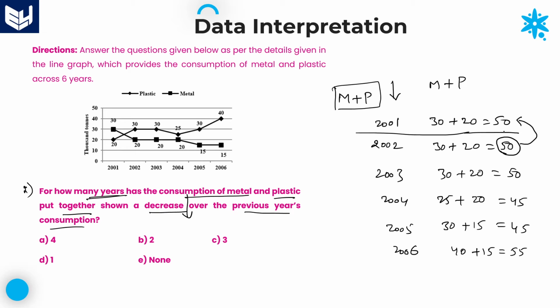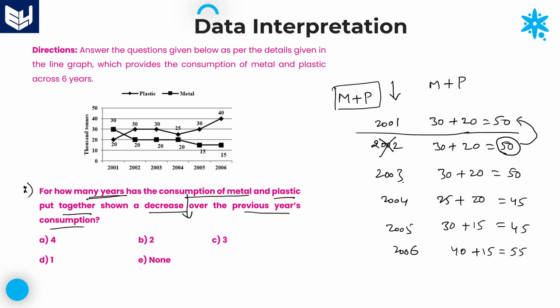We should not take the equal value, and we should not take the increased value. If the value decreases compared with the previous year, only then can we consider that year as satisfying the given condition. Here, in 2002 compared with 2001, both values are equal. If both values are equal, you should not take 2002 as one year. So you can cancel 2002.